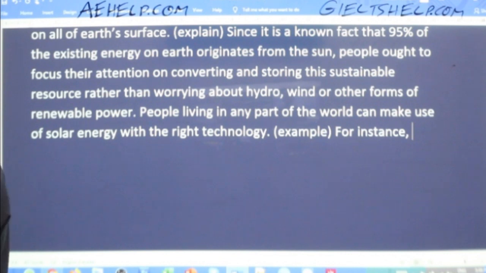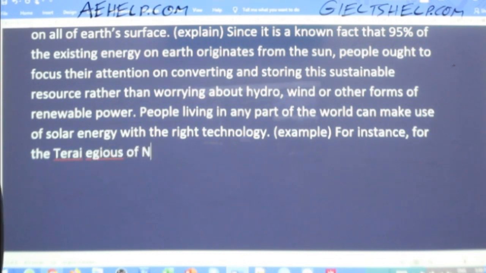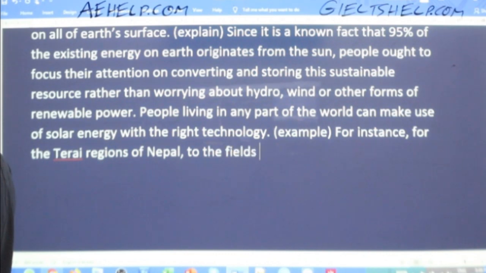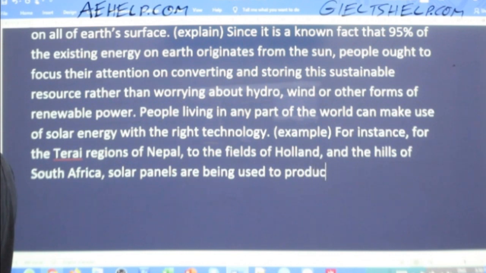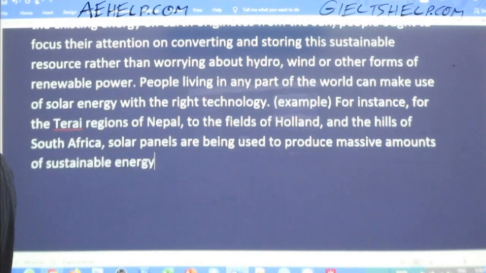For instance, from the Terai regions of Nepal to the fields of Holland and the hills of South Africa, solar panels are being used to produce massive amounts of sustainable energy.